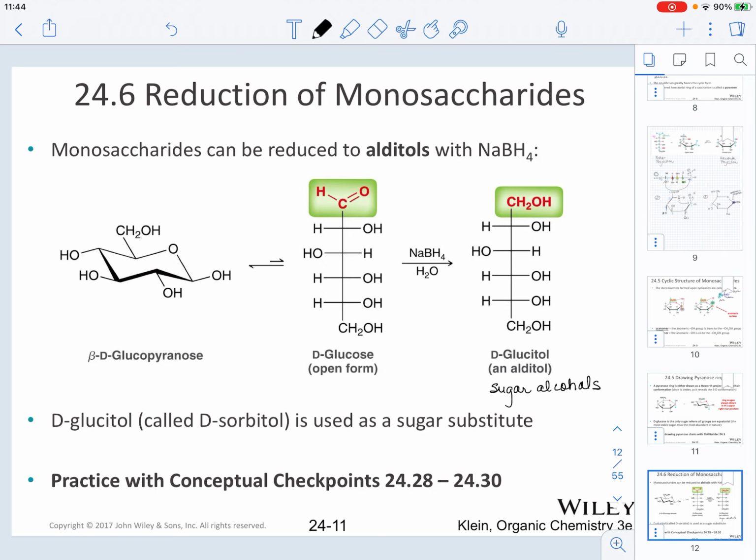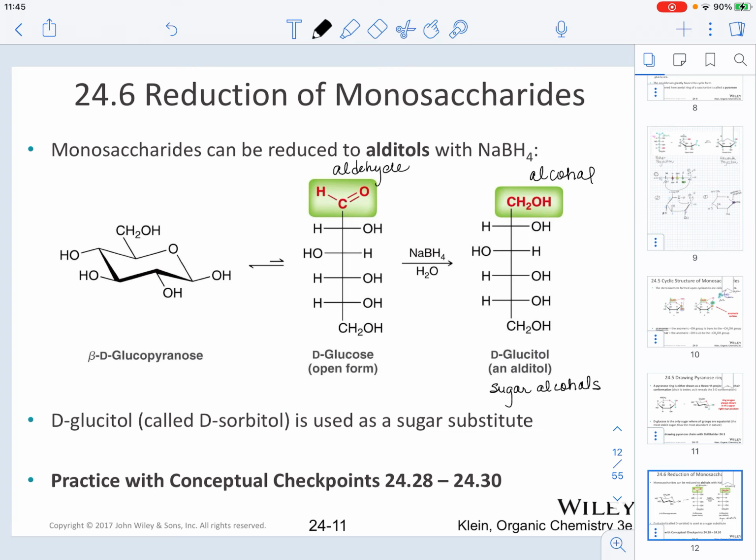Once the open form occurs, under reducing conditions, so for example, if we react them with hydrogenation conditions, or as you can see, sodium borohydride, you are going to be converting the aldehyde functionality to an alcohol.